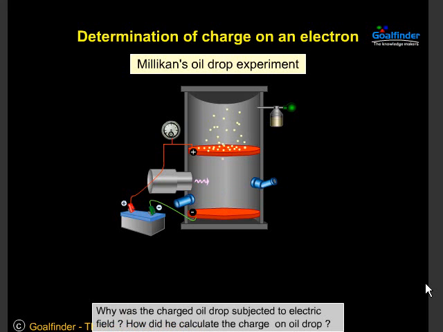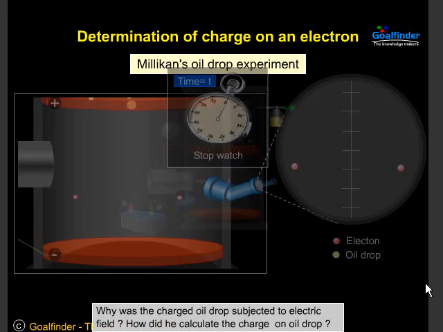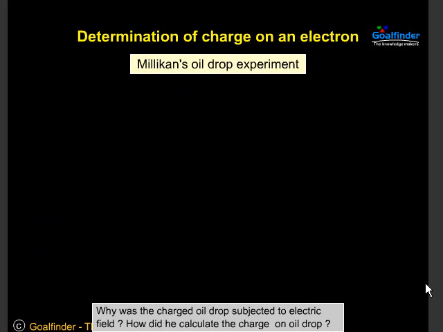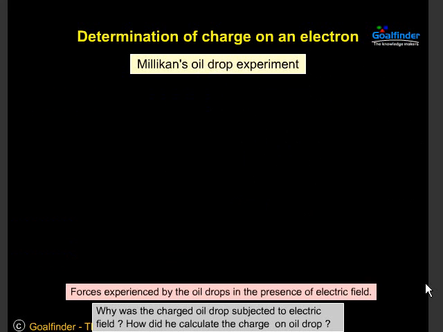Ordinary oil would evaporate under the heat of the light source, causing the mass of the oil drop to change over the course of the experiment. That's also why water or any other liquid was not chosen, because it would just evaporate too quickly under the heat of the light source. They needed a light source because this was visually observed, so somebody would sit there with a microscope and actually observe the droplets drifting.